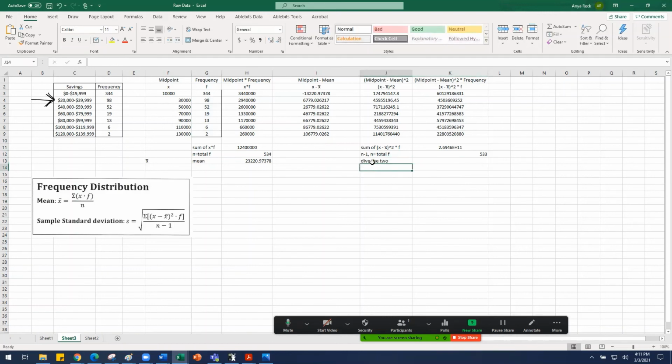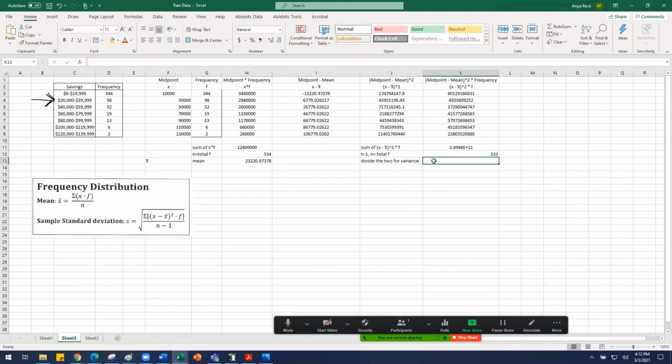And that will provide us the variance. So to get the variance, you press equal this column, this sum divided by this sum, press enter.